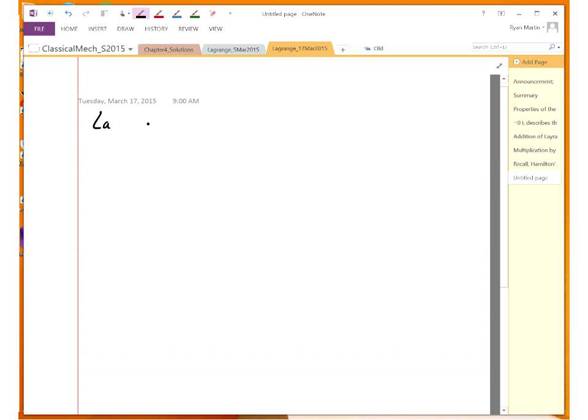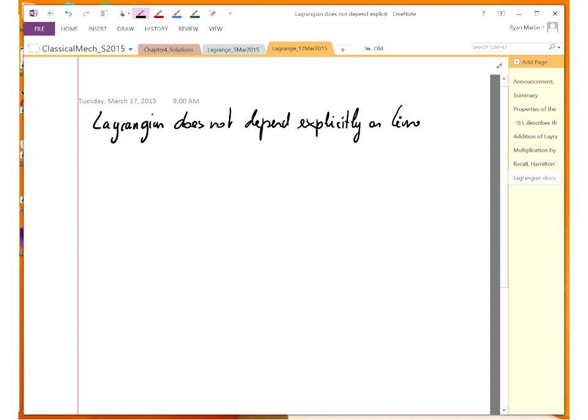So this is the case of the Lagrangian does not depend explicitly on time. So if you remember, we had a discussion of what it means to not depend explicitly on time.